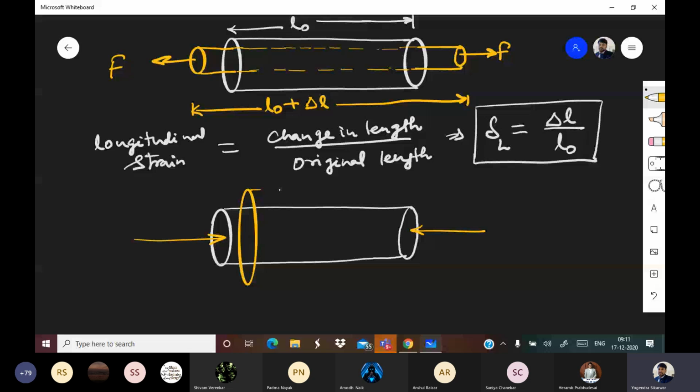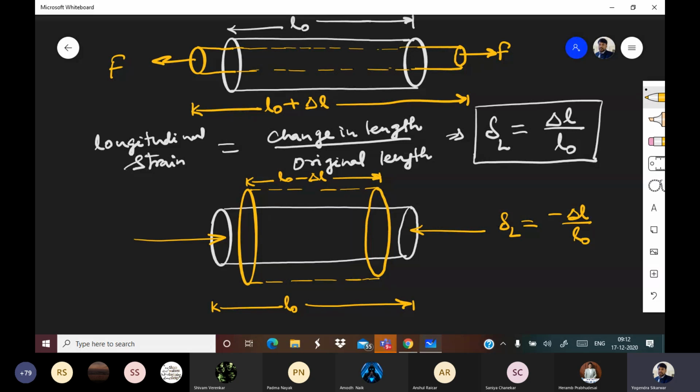So this was L naught, and this time it is L naught minus delta L. So this time the strain will be minus delta L upon L naught. Okay. Any doubt, any question?